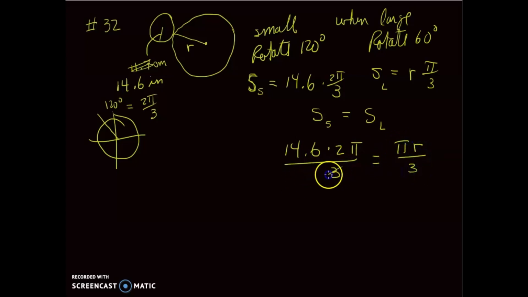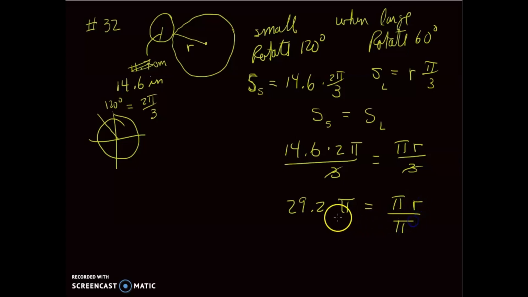Well, if these are both over 3, then we can multiply both sides by 3 and get rid of that. 2 times 14.6 is 29.2. So 29.2 pi is equal to pi r.